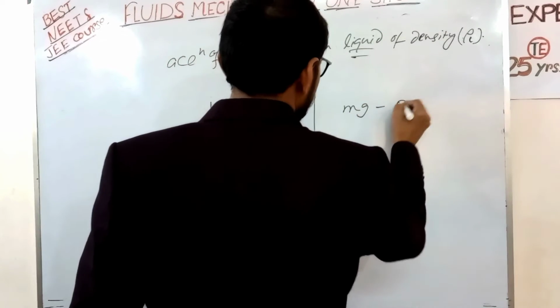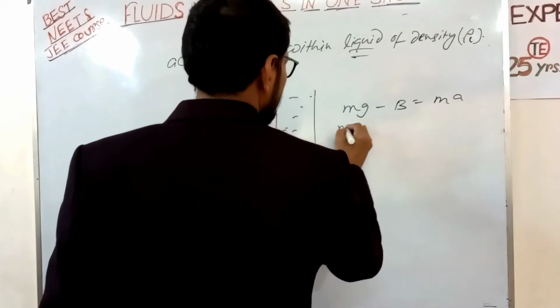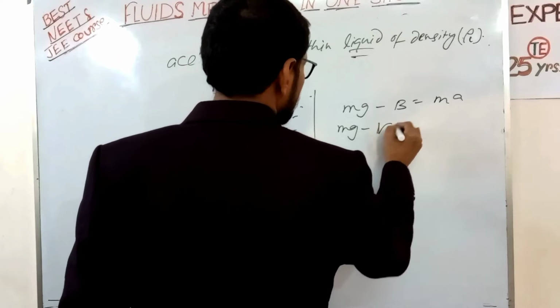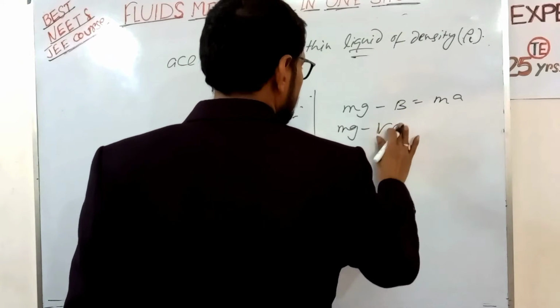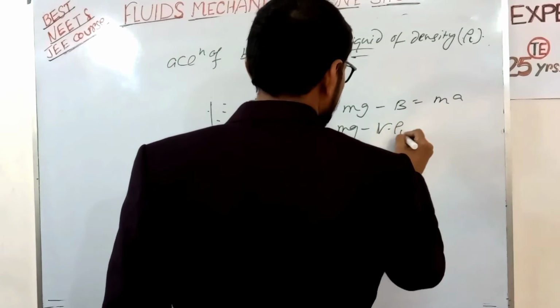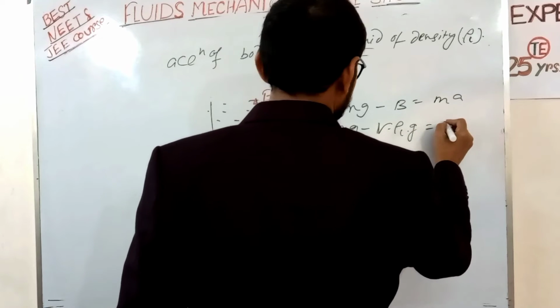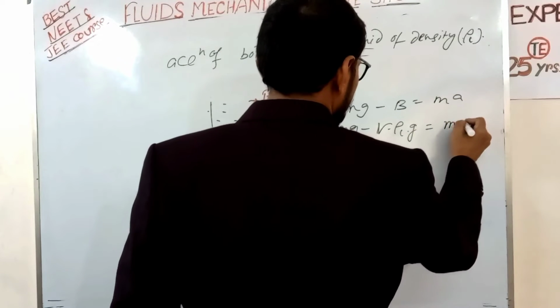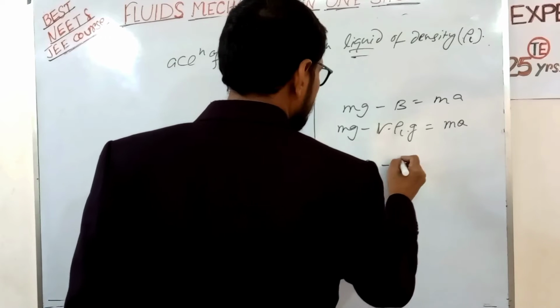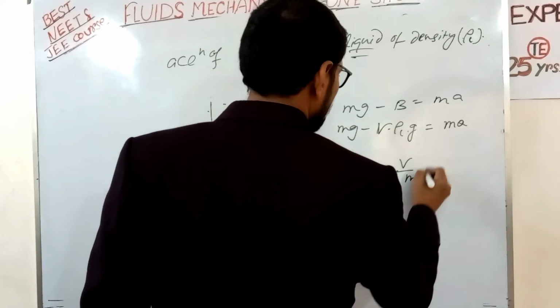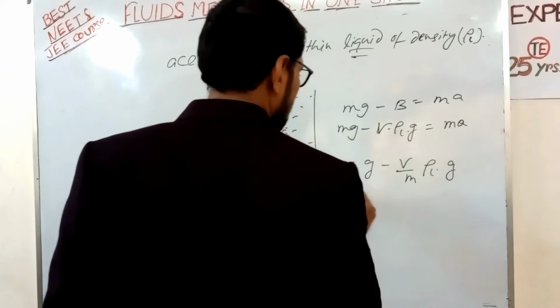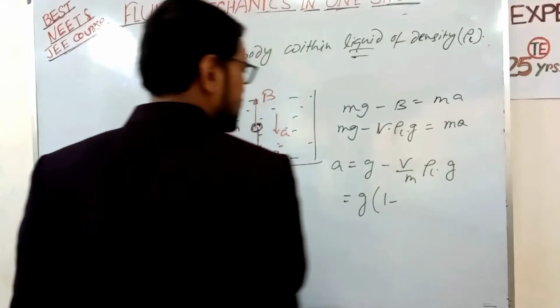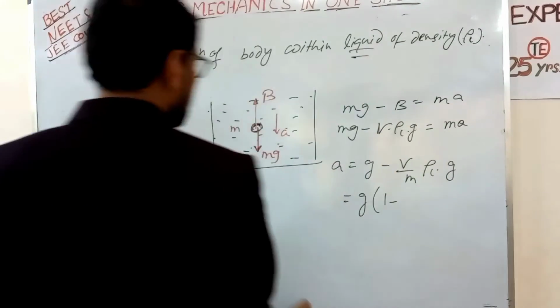mg minus buoyancy force equal to ma. So mg minus buoyancy force, v into density of the liquid rho L into g, equal to mass m into a. Now what is a? a equal to g minus v by m into rho L into g. Now g into 1 minus... what is v? V is the volume of the body.